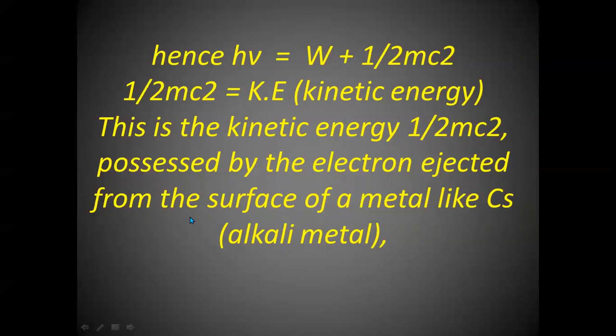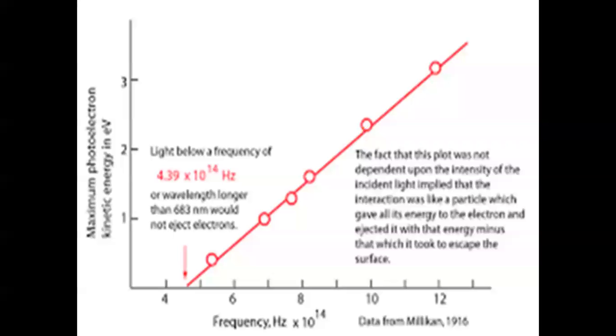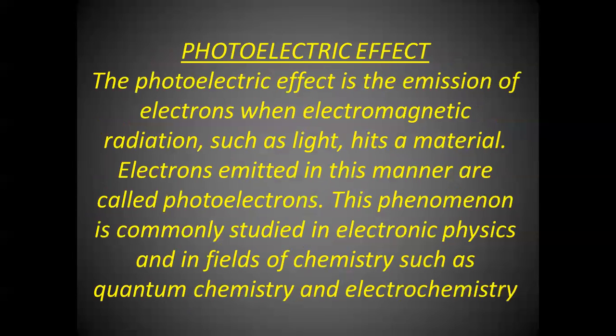So let us summarize. This is called the photoelectric effect. It is nothing but the emission of electrons from the surface of any alkali metal like cesium, when electromagnetic radiations are concentrated on the surface.